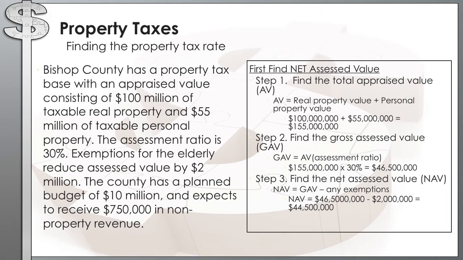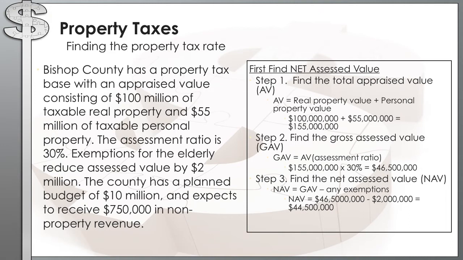So the appraised value is the real value of your property, okay? The gross assessed value is the assessed taxable value of your property based upon a tax collector, okay?